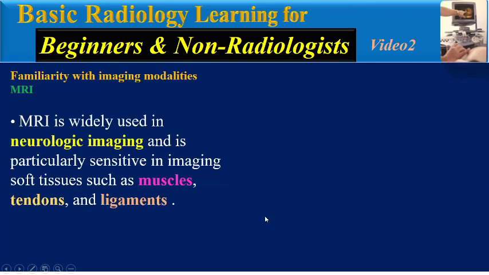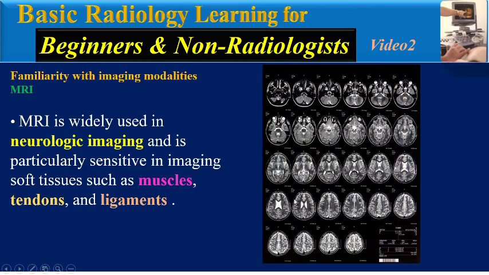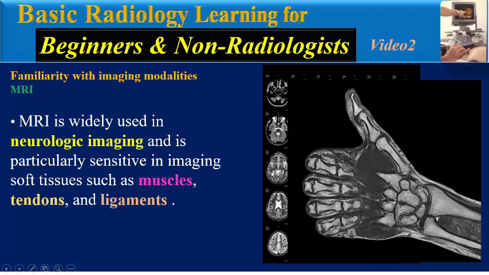MRI is widely used in neurologic imaging and is particularly sensitive in imaging soft tissues such as muscles, tendons, and ligaments in musculoskeletal imaging.